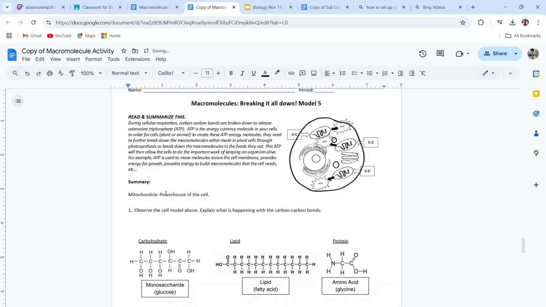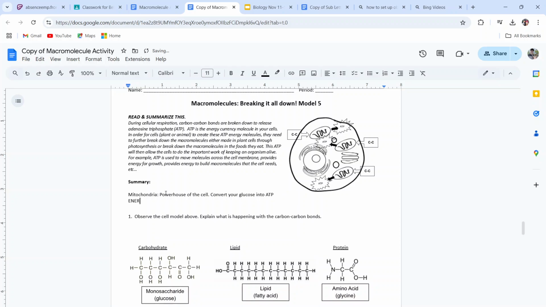In other words, the mitochondria are going to convert your glucose into ATP energy. ATP energy is the energy that your cells can then use to do their cellular functions and are for survival. They absolutely need this ATP energy.